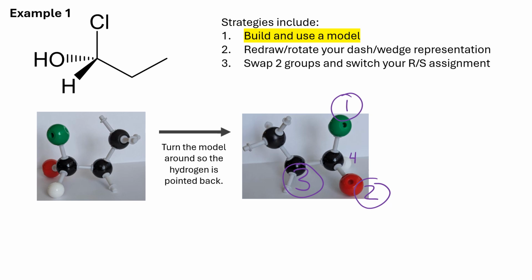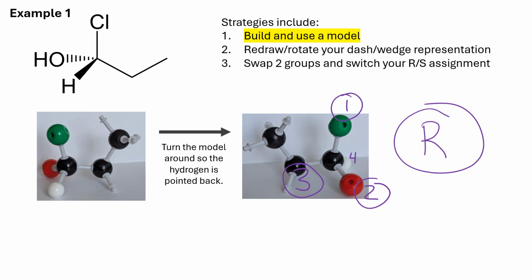Our lowest priority group is that hydrogen, and it's going to the back. So I take my cursor and go from 1 to 2 to 3, moving in a clockwise fashion. So this is an R configuration. We've just taken the model and viewed it from a different perspective.